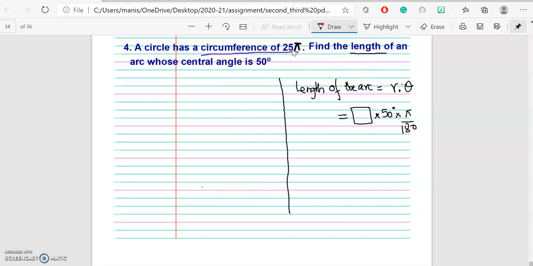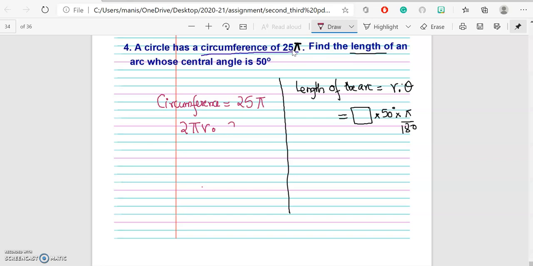So I came back to my question. We have been given that the circumference of a circle is 25 pi. Always remember, they will give you something to solve this question. So we have been given the information: circumference is equal to 25 pi. What is the formula to find the circumference of a circle? The formula is 2 pi r.